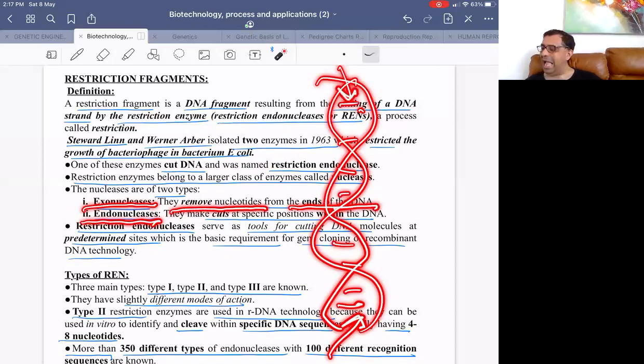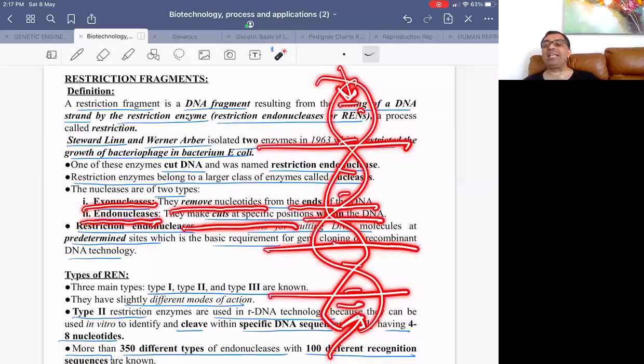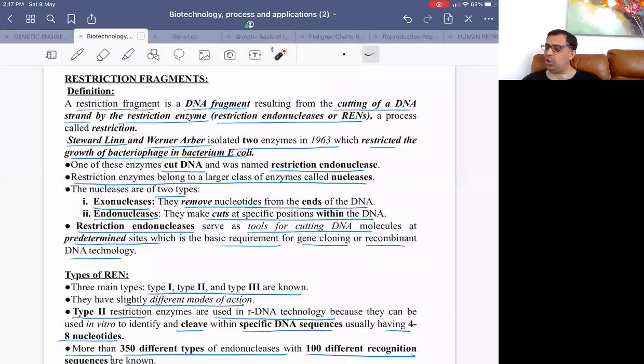And endonucleases cut it at specific positions within the DNA. So endonuclease will cut in the middle and make it into fragments. So exonucleases from the ends and endonucleases in between. And restriction endonucleases are used by us for DNA recombinant technology.